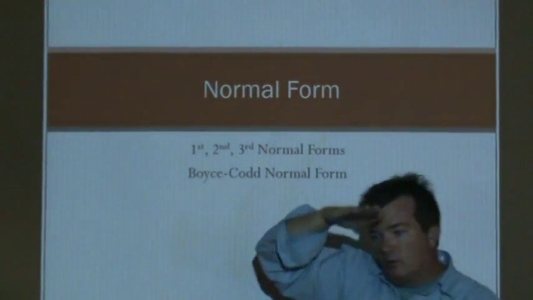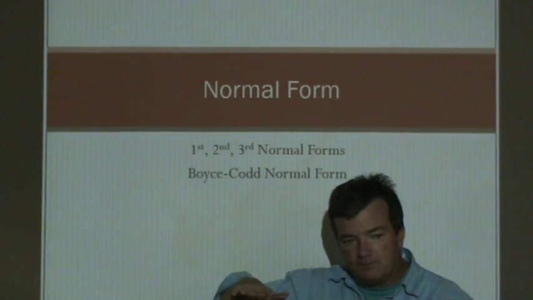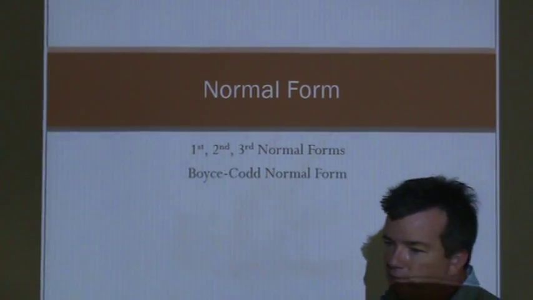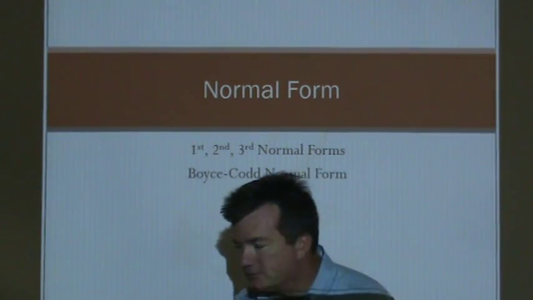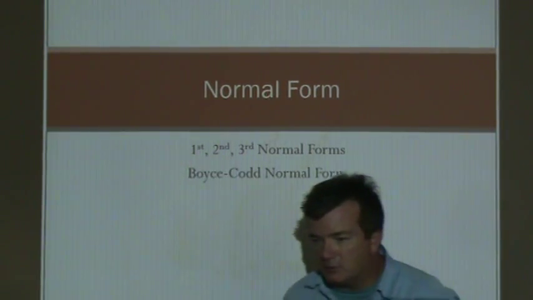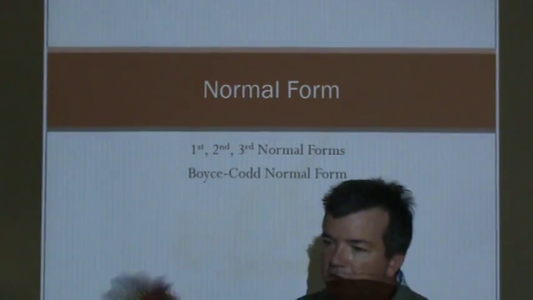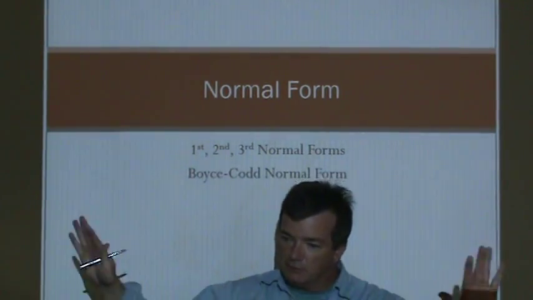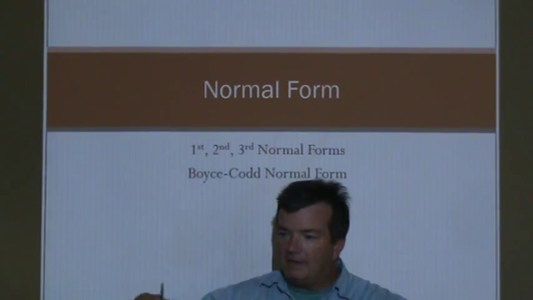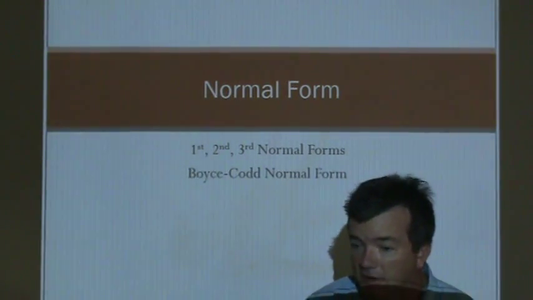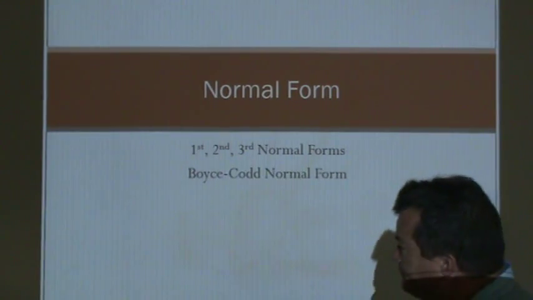Or should we just add multiple rows when a person has multiple phone numbers? And we said there were trade-offs between the two. So we considered breaking the data into multiple tables, and this process is called normalizing your data.